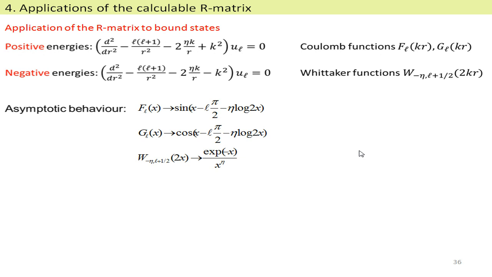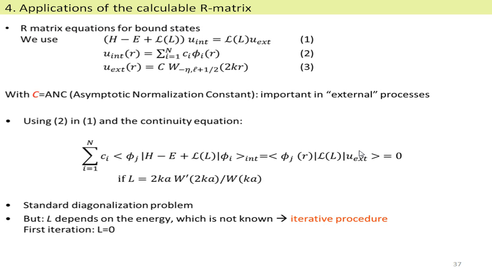And we know that the Coulomb functions tend to sine and cosine functions, and the Whittaker function tends to an exponential. And so we can repeat exactly the same process as we did before, but instead of having Coulomb functions as an external contribution, now the external contribution is this Whittaker function.